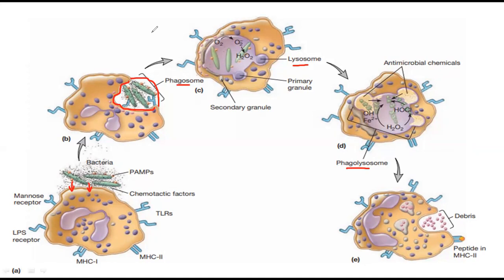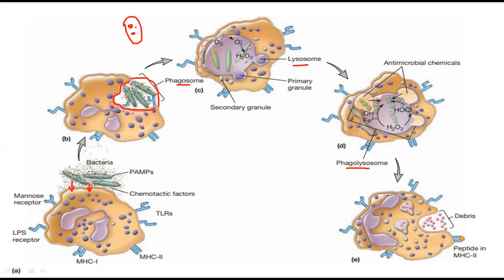So here these are the microorganisms. In a phagosome, they are surrounded by the cell membrane of the immune cell, and this is known as the phagosome. After that, there is a high content of lysosomes in the macrophages, or in the phagocytes.